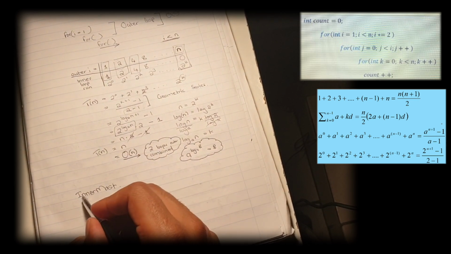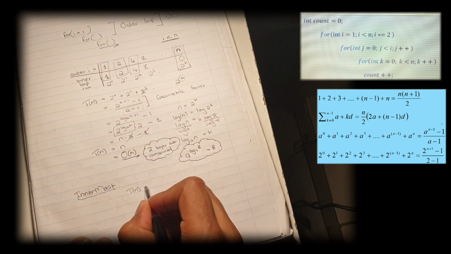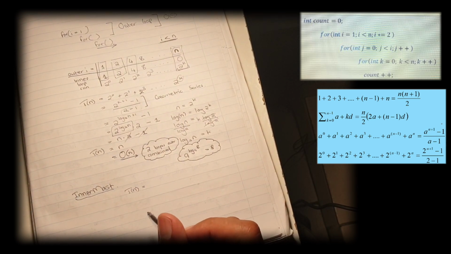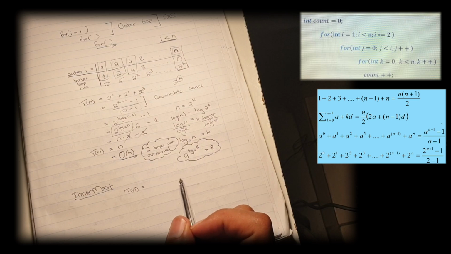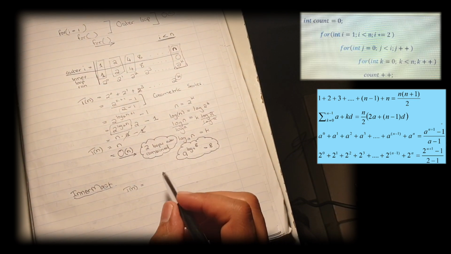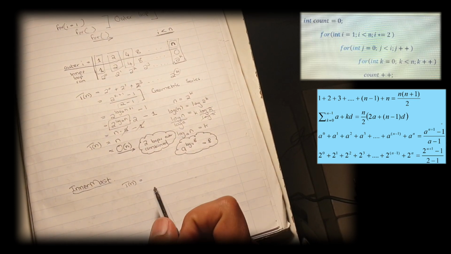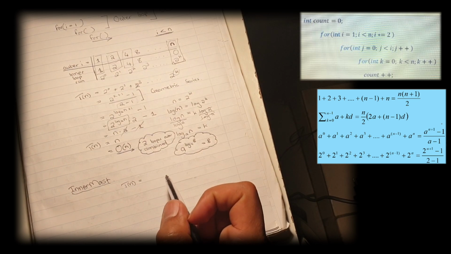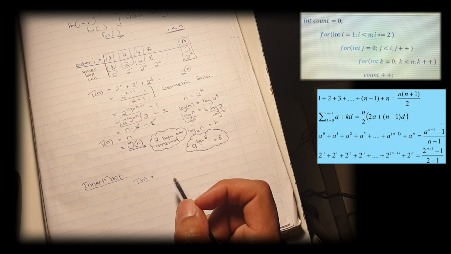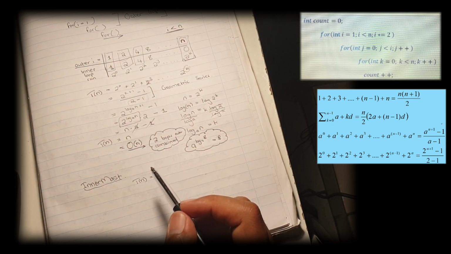So looking at the innermost loop, we have T of n equals what? Now, this is a simple example. You can do primitive counting here. But when doing primitive counting, you have to keep in mind that you are going to come across constants. So in this approach, I'm going to ignore all the constants and evaluate the number of iterations this loop is going to have. We're starting from 0, looping while k is less than n.